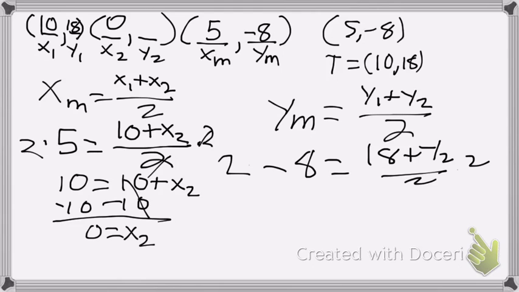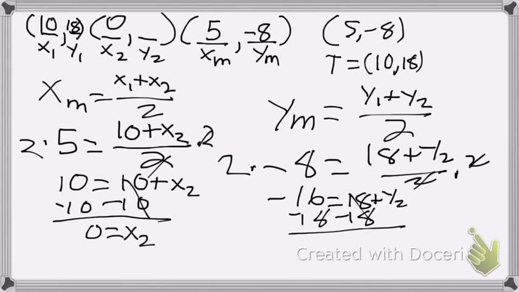Want to multiply both sides by 2, just like we did last time. Multiplication property of equality. That cancels out. We get negative 16 equals 18 plus y sub 2. Subtraction property of equality. Subtract 18 from both sides, and we get negative 34 equals y2.